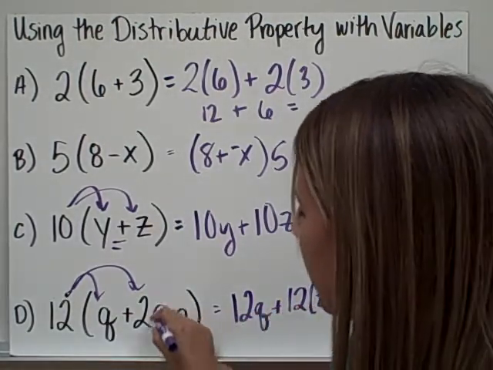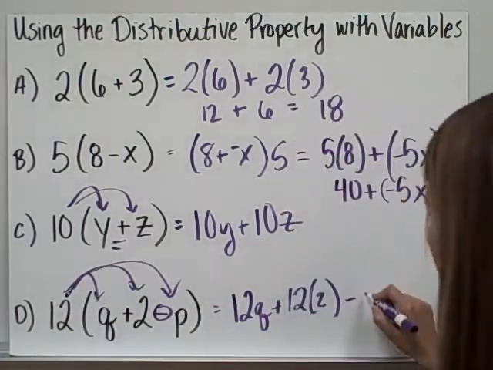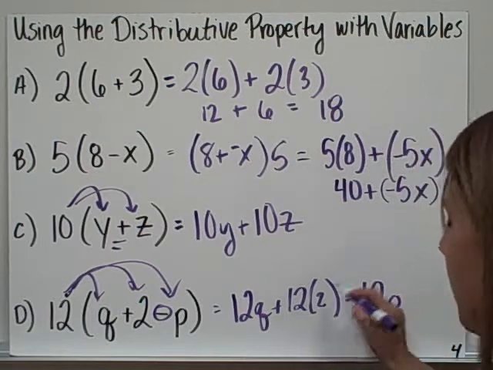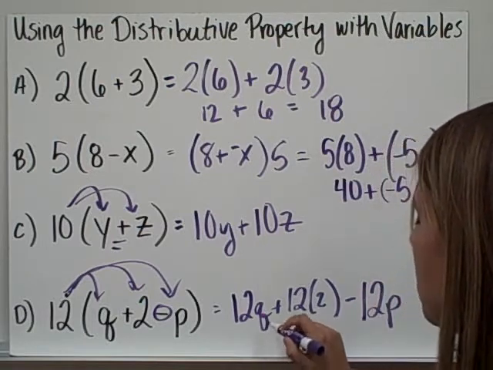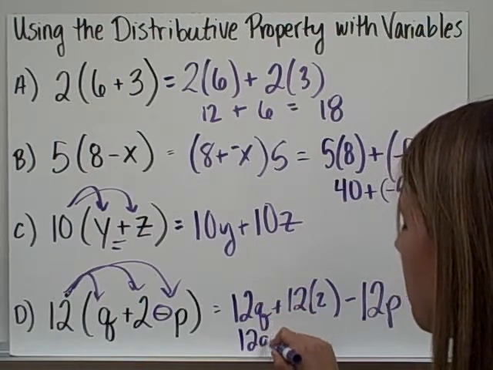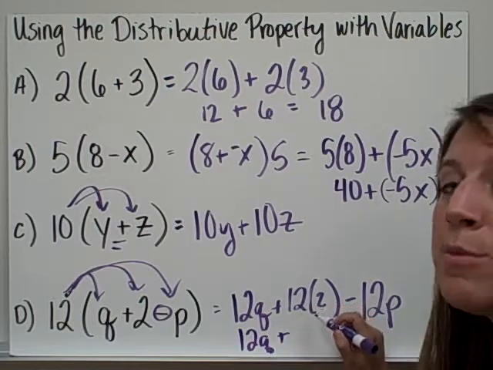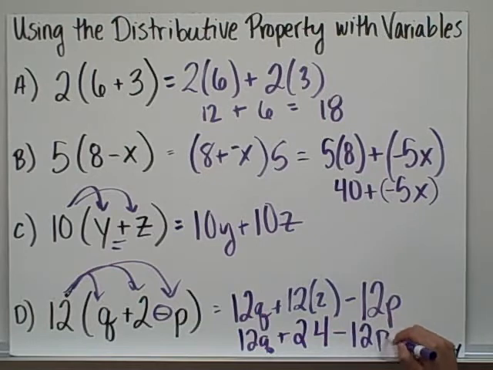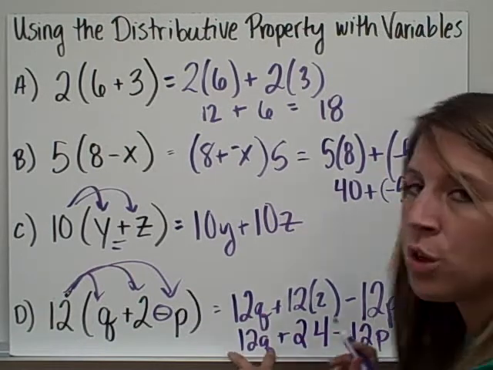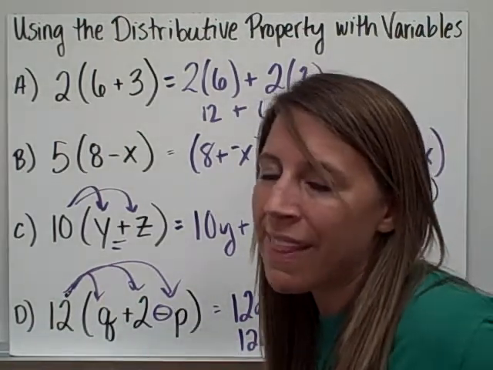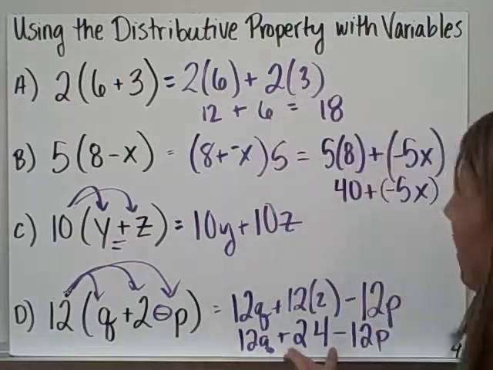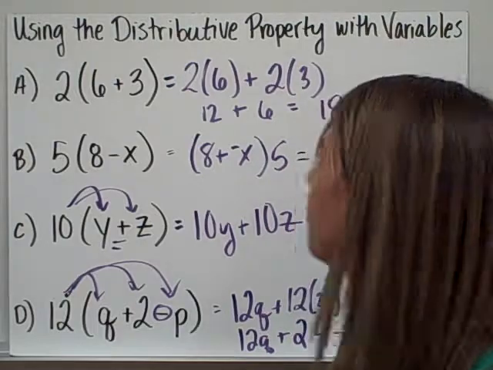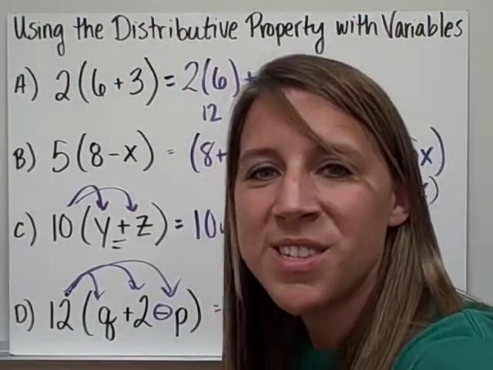And then minus, because it's subtraction here, 12 times p. And then just to simplify it as far as it can go, it's going to be 12q plus 12 times 2 is 24 minus 12p. And again, the p's and the q's, they're not like terms, so they can't be combined. And you can't combine constants with q's and p's either. That doesn't work. So that, in a nutshell, is the distributive property.